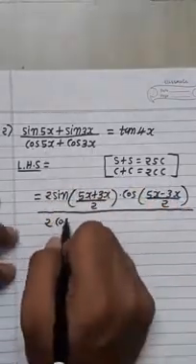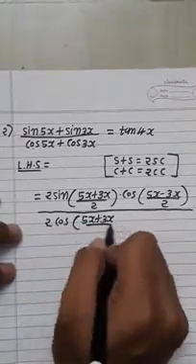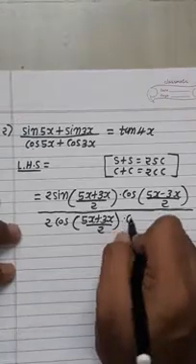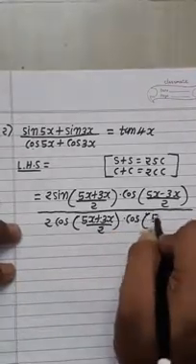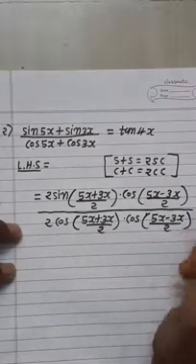So 2 times cos of (5x plus 3x) divided by 2 into cos of (5x minus 3x) divided by 2.